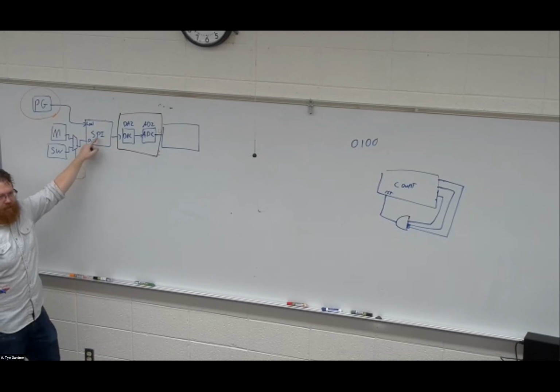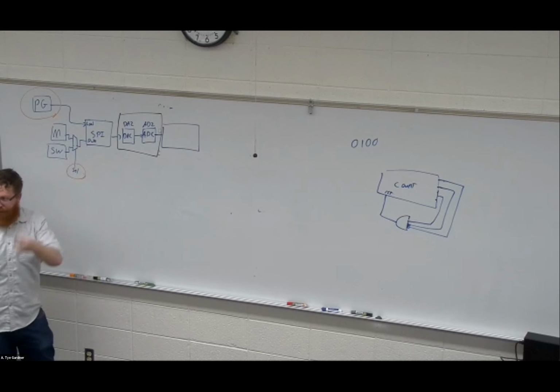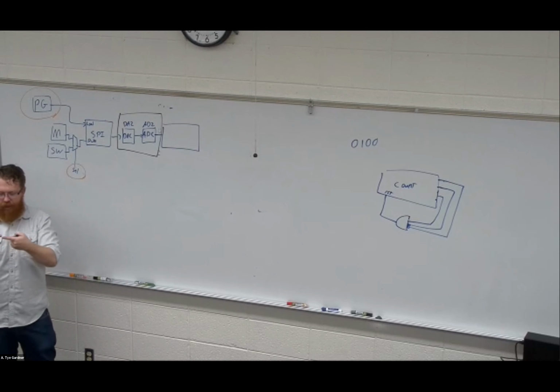But if I wanted to talk to 30 devices, I have the issue that I need one wire for every single device. Even though I don't need 3 or 4 wires for every device, right? Because I need the clock, the data out, and potentially a data in. We're not using a data in, but you could imagine one where you have a data in. So clock, data out, data in.